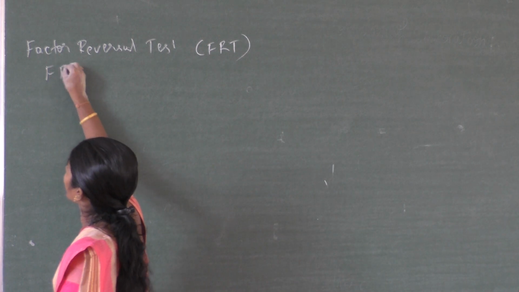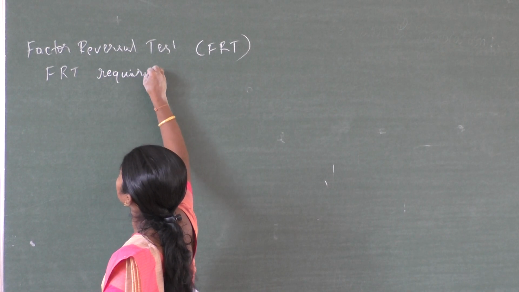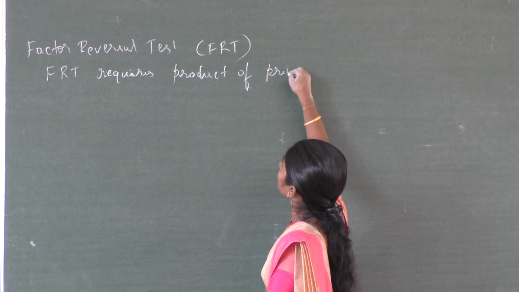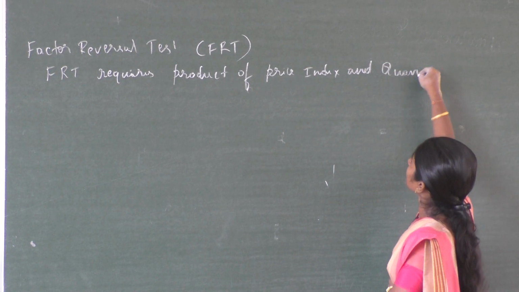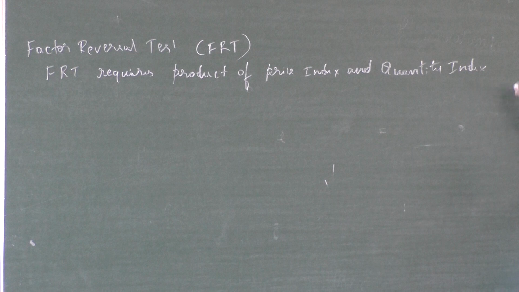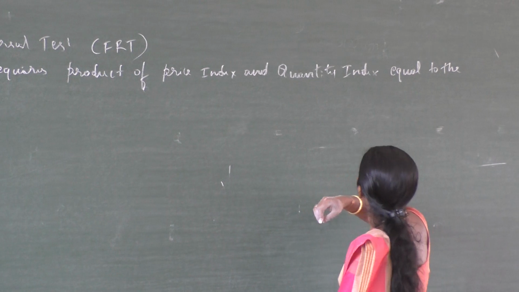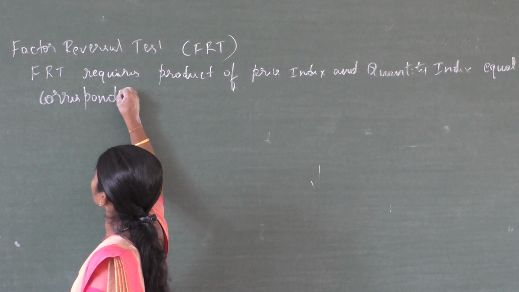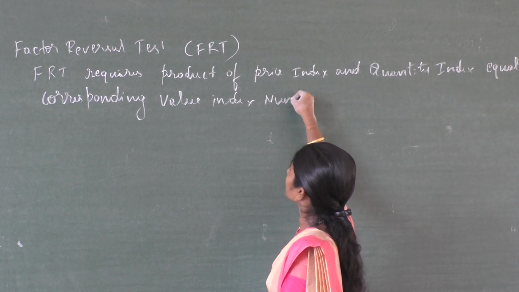FRT requires the product of the price index and quantity index to be equal to the corresponding value index number.